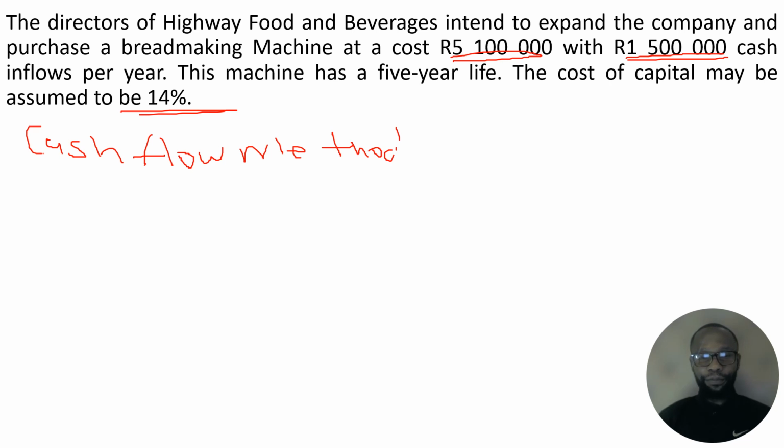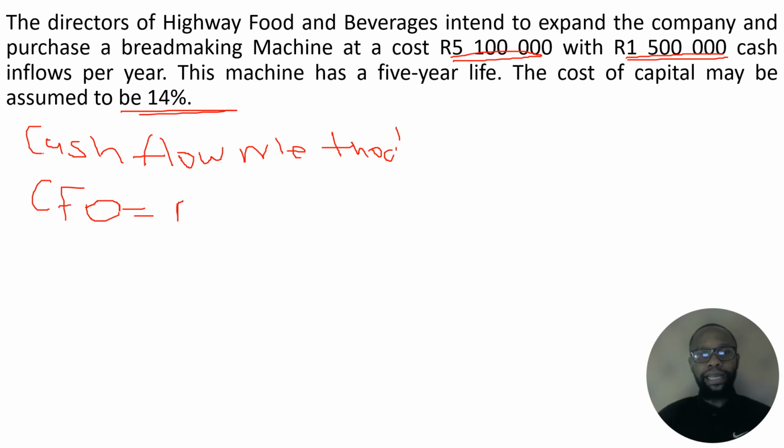So here we are going to have cash flow 0. Everything in financial management, we assume when the things occur, we are at year 0, and then later will be year 1. We are not at year 1, so this one will be year 0.